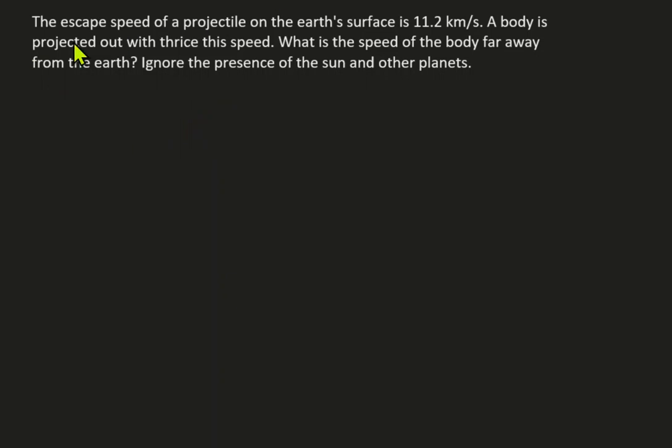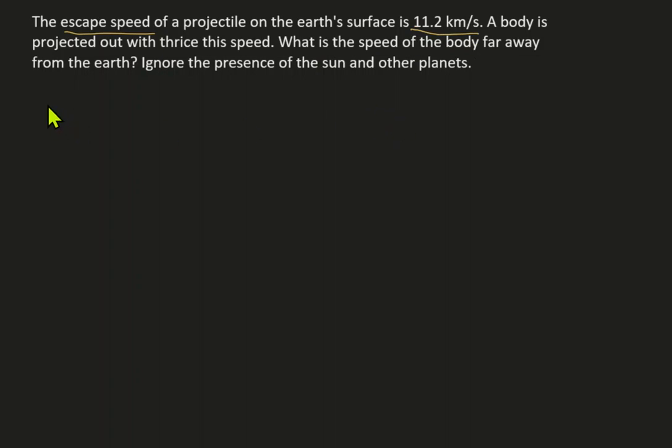In this tutorial, I will be explaining about the escape speed and the problem based on this escape speed. Let us look into this problem. The escape speed of a projectile on the Earth's surface is 11.2 km per second.